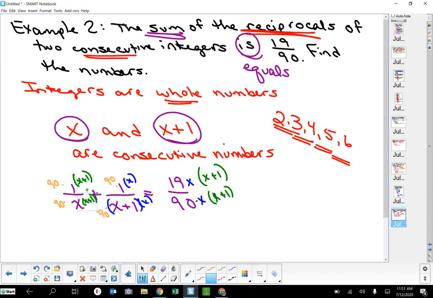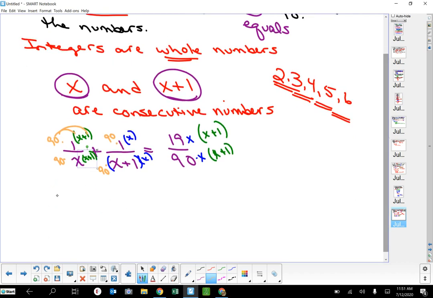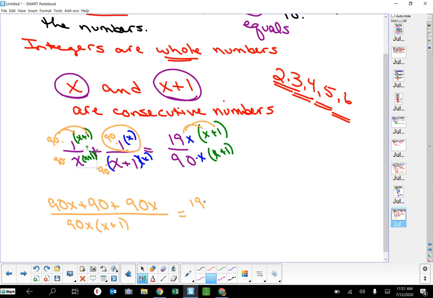All right. So that gives me 90x plus 90 plus 90x from this term. And this is all over 90x times x plus 1. And this is equal to 19x squared plus 19x, over 90x times x plus 1.